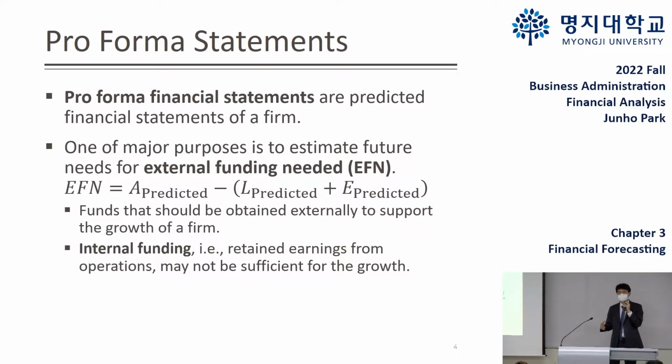So those are funds that are available even though you do not get any money from outside investors. But usually those internal funds are not large enough to cover the growth of the firm, so we should raise additional funds from outside investors, and that is why we need external funding needed, EFN.